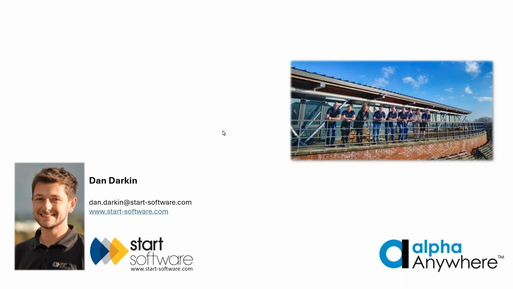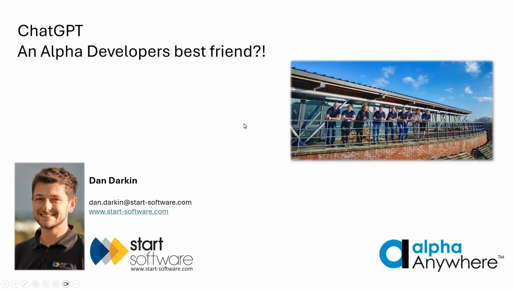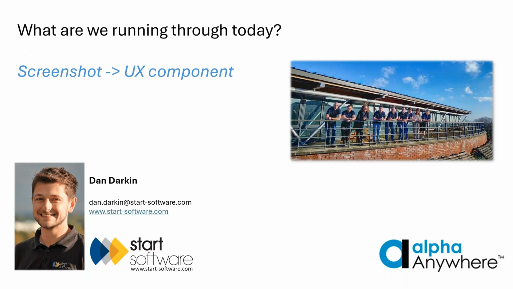What I'm going to be talking about today is ChatGPT. Is it an Alpha developer's best friend? Well, I didn't think so until a few weeks ago, and then I found this and thought, actually, it could very well be. So what am I going to be doing today?